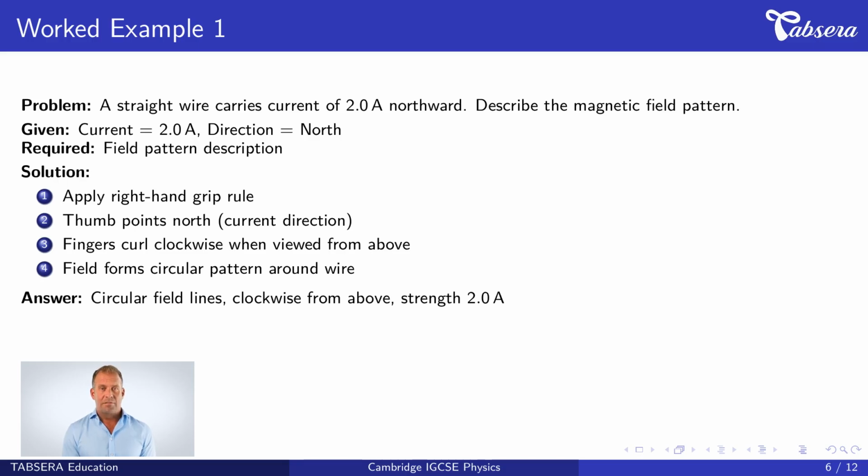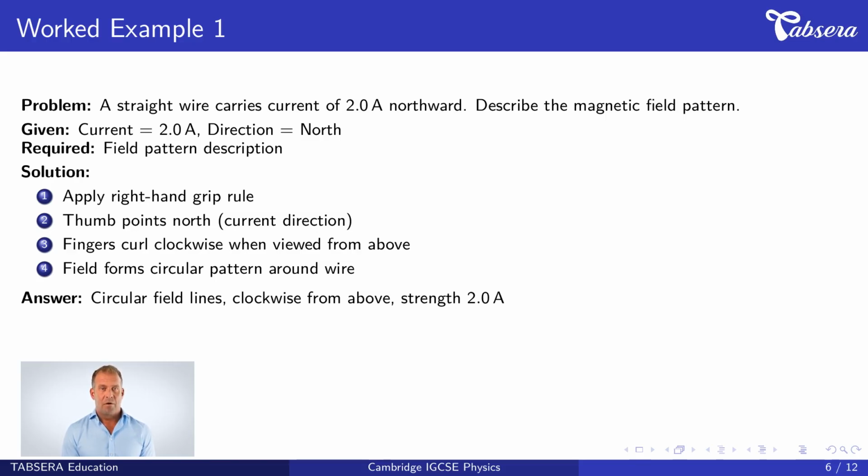Let's work through our first example. The problem states, a straight wire carries current of 2.0 amperes northward. Describe the magnetic field pattern. We are given, current equals 2.0 amperes, direction equals north. We need to find the field pattern description. Step 1. Apply the right-hand grip rule. This is our primary tool for field direction. Step 2.